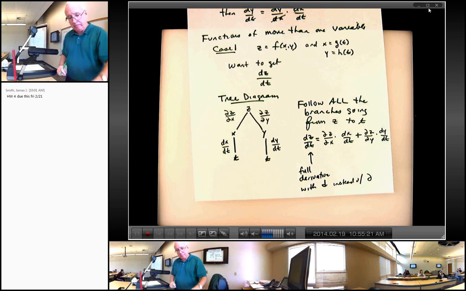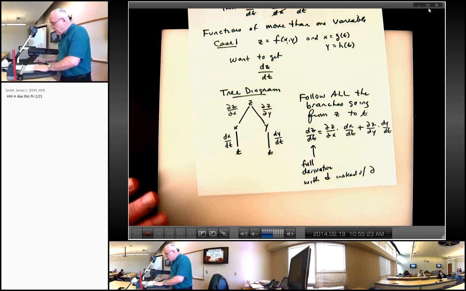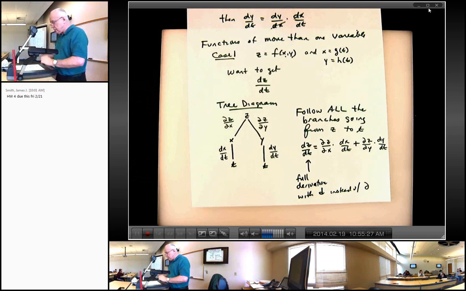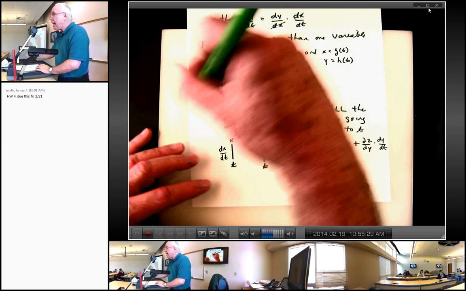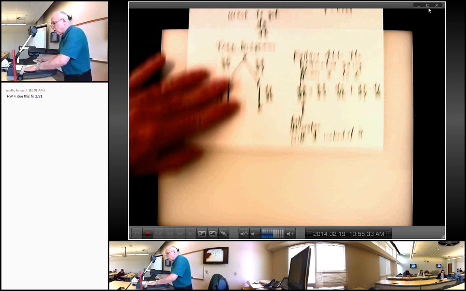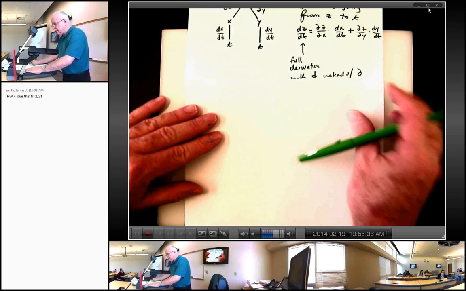Okay. And I could just as well have, instead of writing z at the top, I could just as well have written f at the top. So let me just indicate this. There's more than one way to write some of these things.